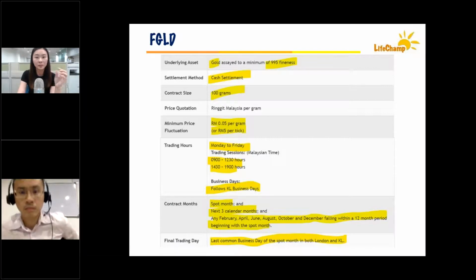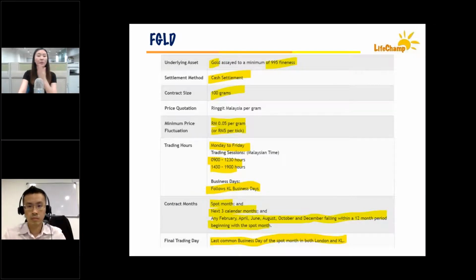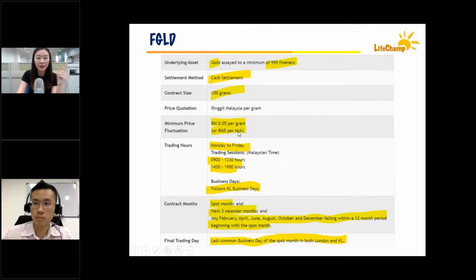When we quote the price for gold, say 200, the next one will be 200.05, then 200.1, 200.15. A 0.05 movement equals 5 ringgit.